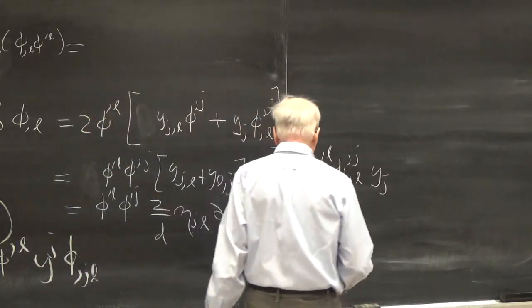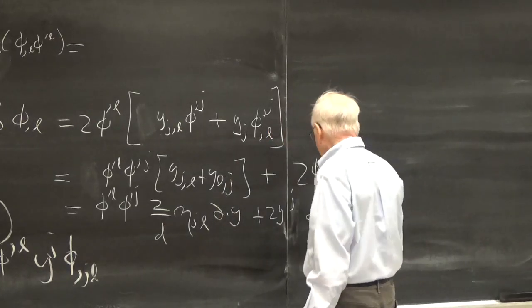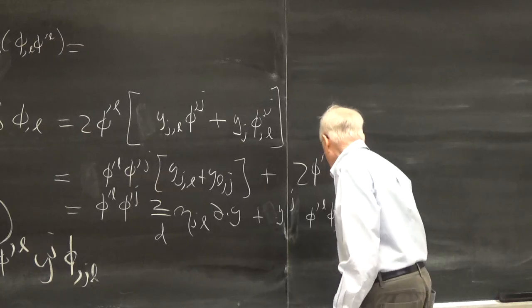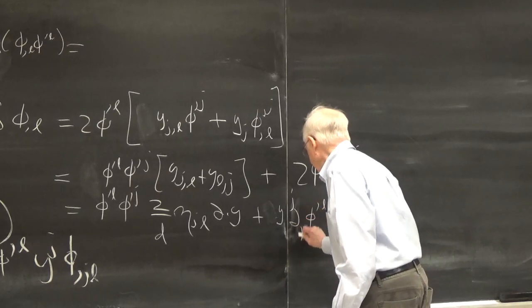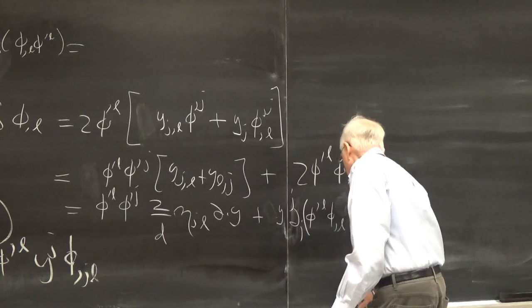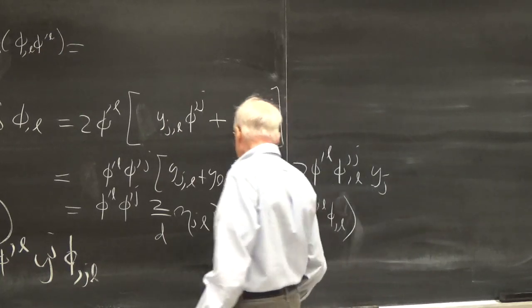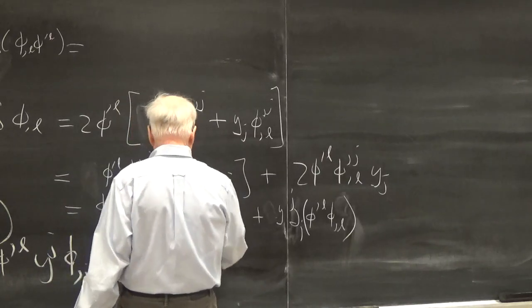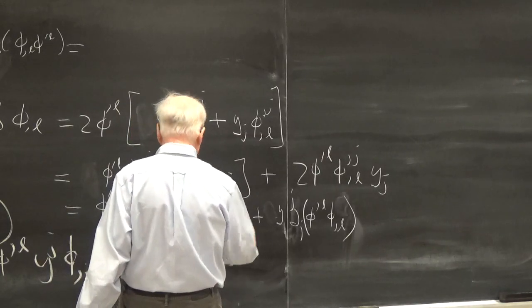You're absolutely right. We can take this and pull out a partial J there. And then that's that. So there's no minus sign.